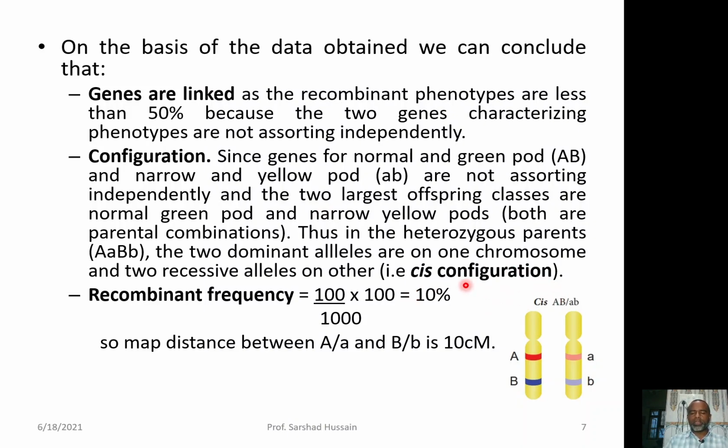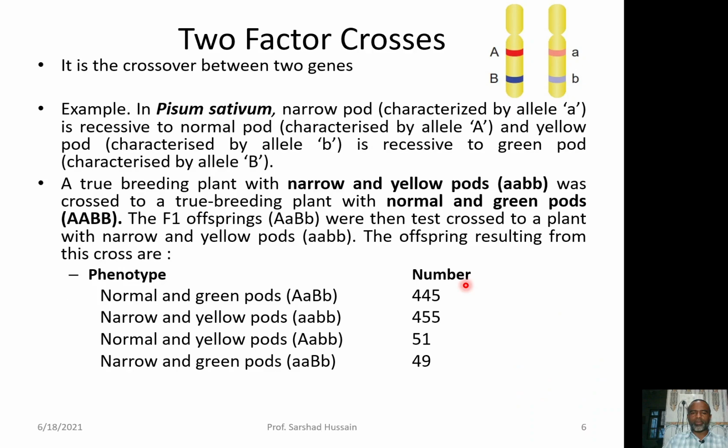If you look at this F2 generation, the number of recombinants is less than 50% as compared to the number of parental combinations. Whenever the recombinants are less than 50%, it means the genes are linked.